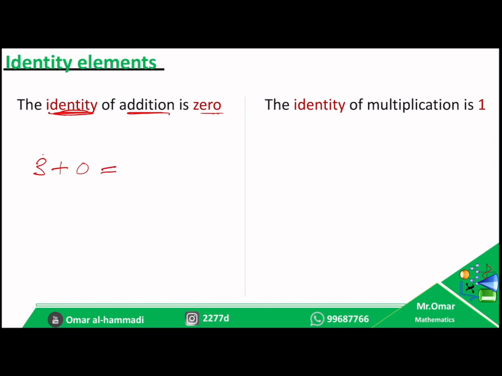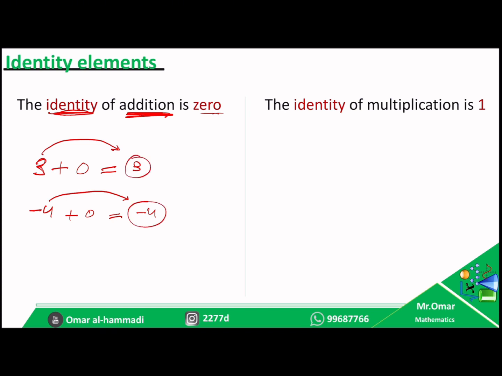The same number. 3 minus 4 plus 0 will give us the same number, minus 4. So this is the addition. The identity of addition is 0. When we add 0 to any number, it gives us the same result.